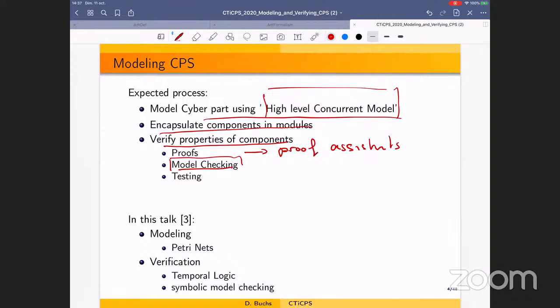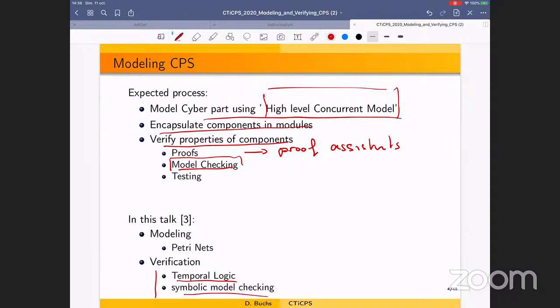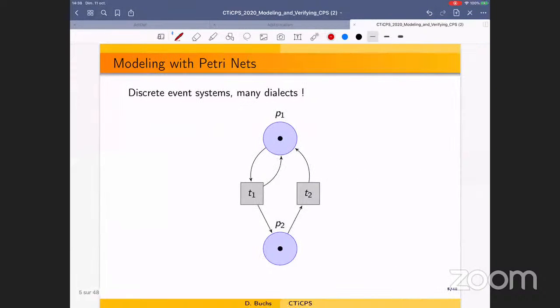So for the language that I will use for the verification, I will show you the fact that temporal logic is an approach for describing the expected properties, and using symbolic model checking, we can perform those checks. So I would like first to describe a little bit what it is necessary to do for modeling.